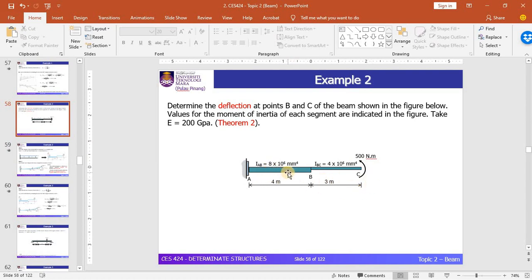The second moment of area of the beam from AB to BC is 2 times.